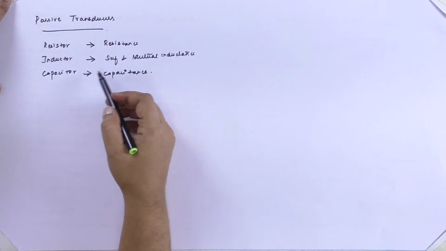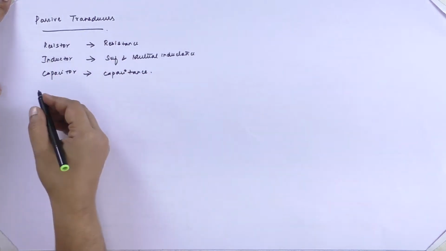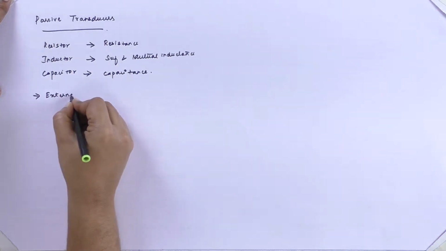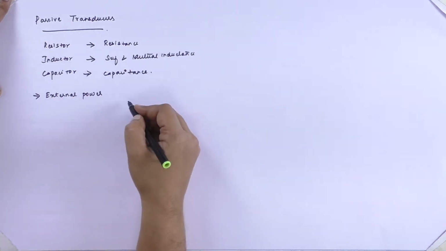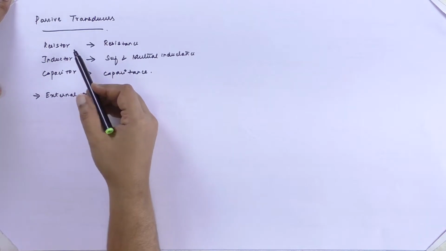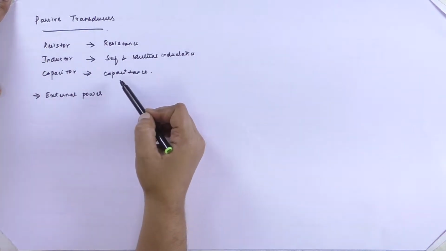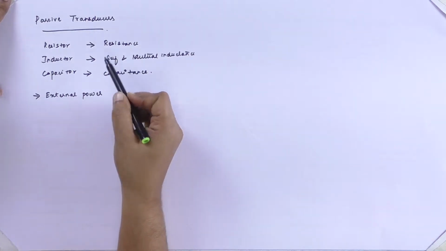In order to obtain the electrical signal from these transducers, we need external power. For passive transducers, we need external power to get the electrical signals. Any change in these parameters like resistance, inductance and capacitance is observed only when external power is given to these transducers.